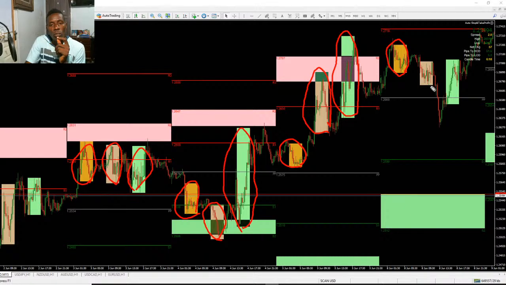This London box right here, they consolidate and chop traders right in here, within the same three hours that I'm telling you about.